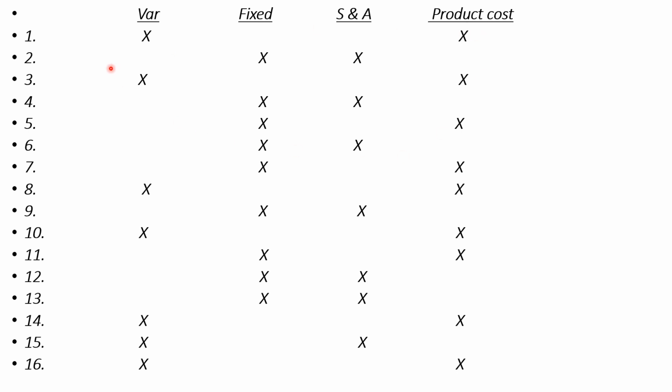Now, you must have a reason why you think they are variable or they are fixed. You cannot just guess it. So I will leave the rest of this exercise to you. These are my answers. You try to figure out how I came to this conclusion.